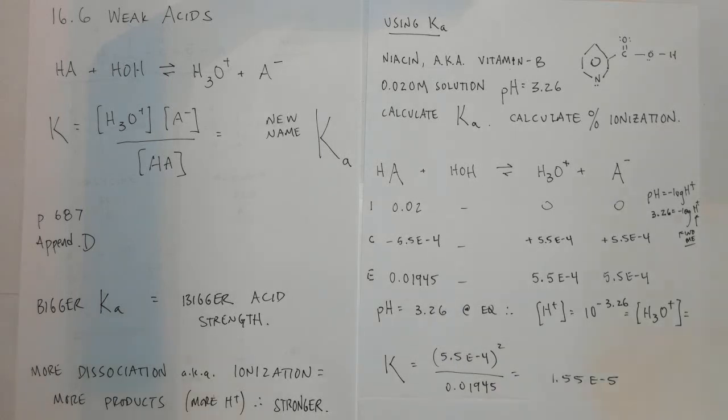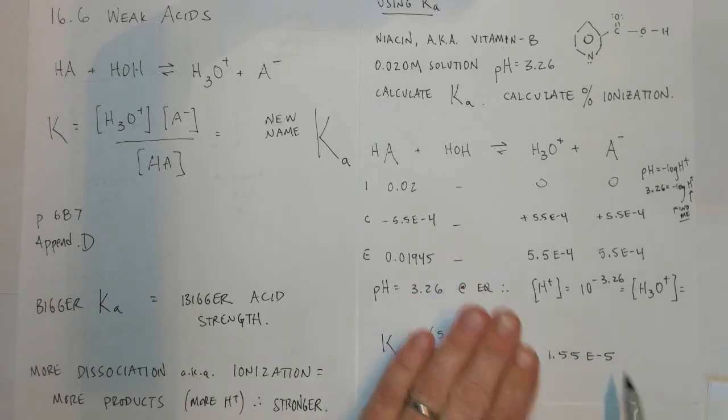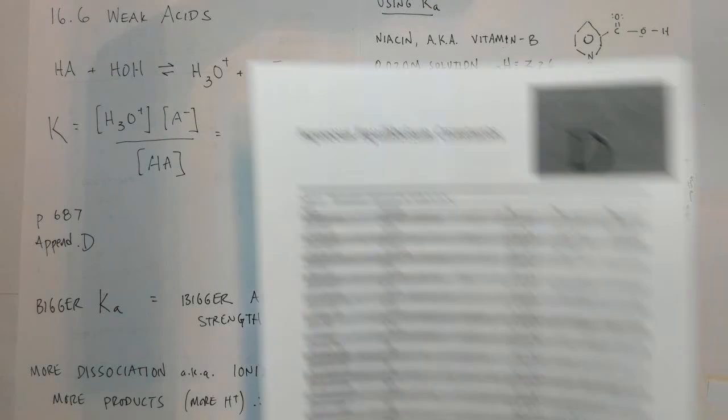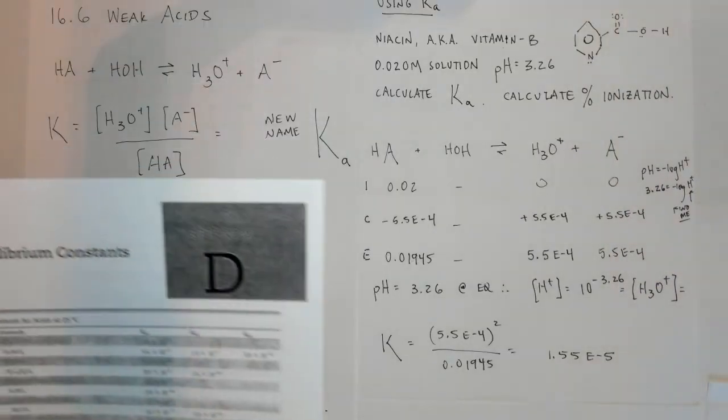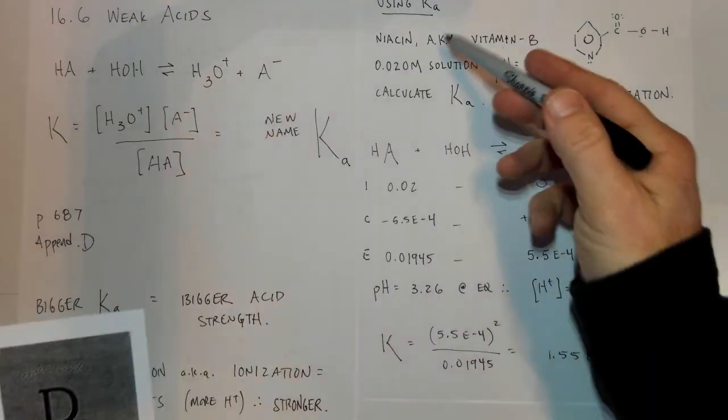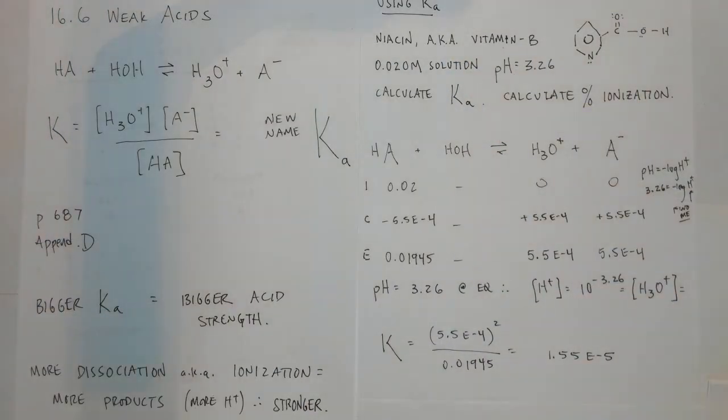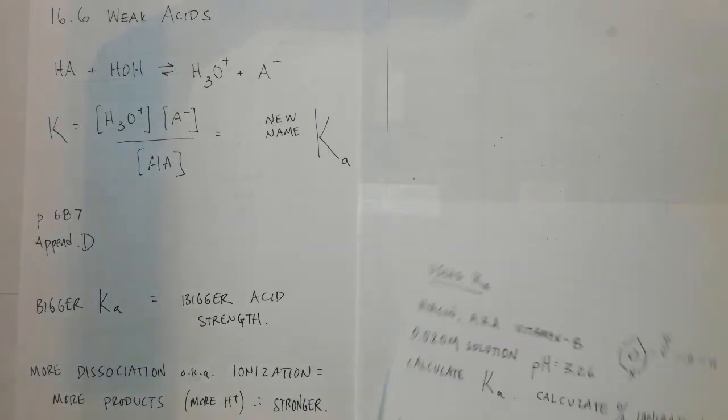Divide those two, and I end up with an equilibrium constant of 1.55 times 10 to the negative fifth. As I said before, these values are usually available to you in Appendix D, but certain substances won't be on here, like niacin, and so a problem might ask you to calculate what the Ka is.